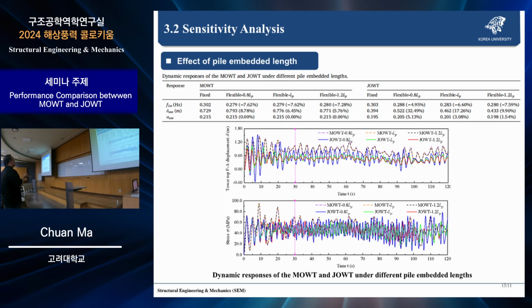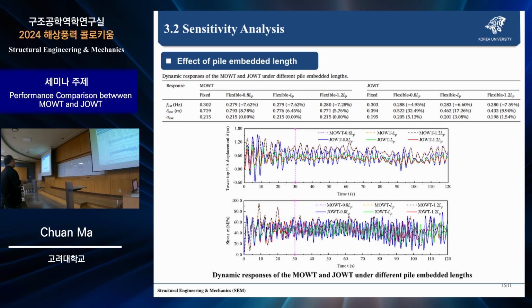And this is for the effect of the pile embedded length. Also, the jacket of the wind turbine has a big sensitivity. For the total displacement, the maximum variation for the jacket of the wind turbine is around 32%, but for the monopile of the wind turbine, the variation is only 9%.